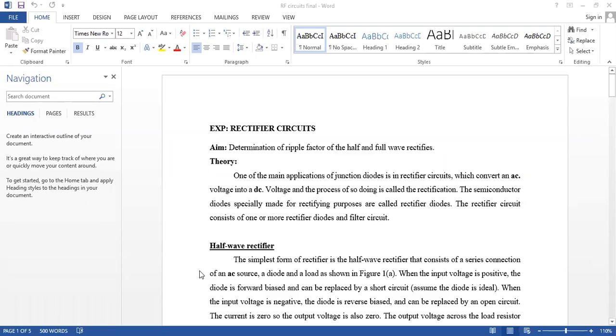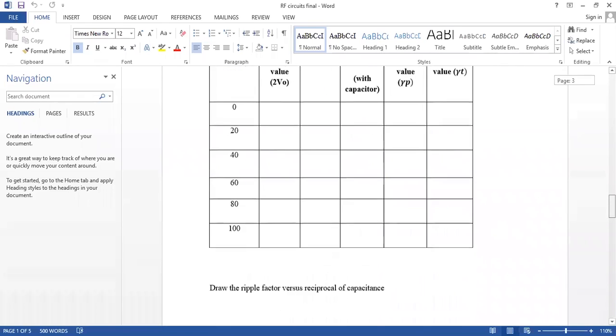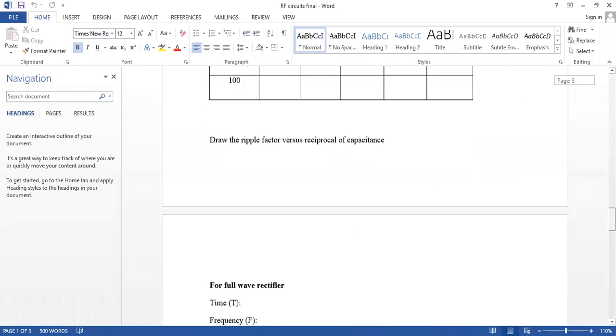You can read the procedure cards, and you must submit your answers before next Friday. I have sent it in your WhatsApp group, so you can download it. Now we can see some main theories.